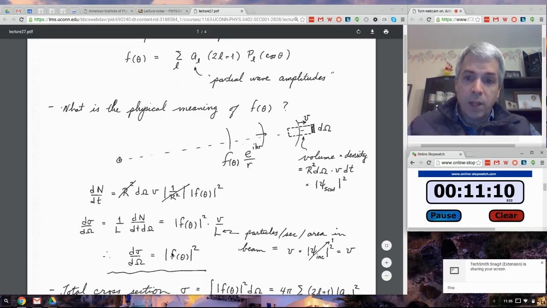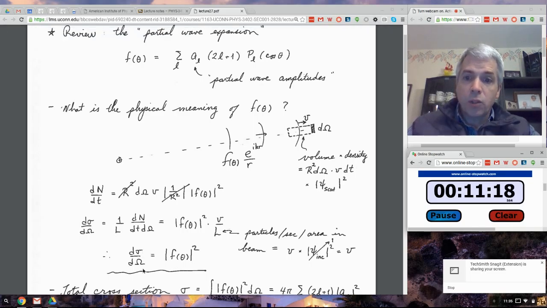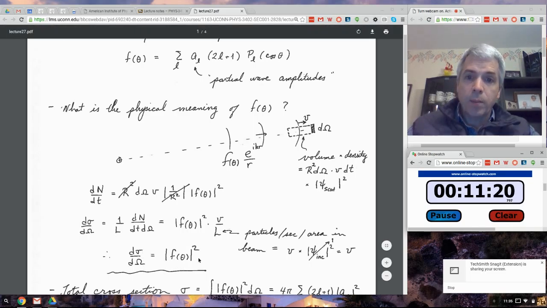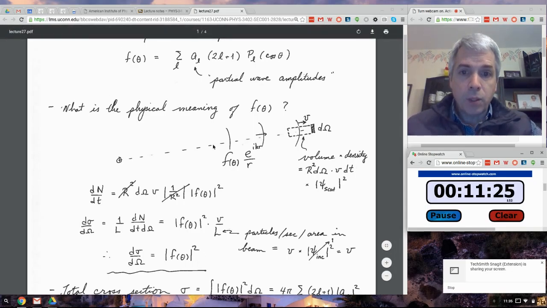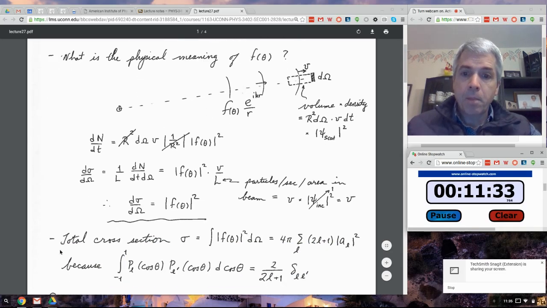It's also a physically significant thing, but in a different way. So this is the differential cross-section, nothing more than scattering amplitude squared. So you can think basically of the amplitude, of the strength of this wave as it approaches, directly measures the cross-section differential in the solid angle.